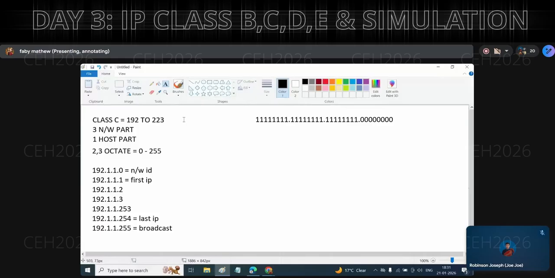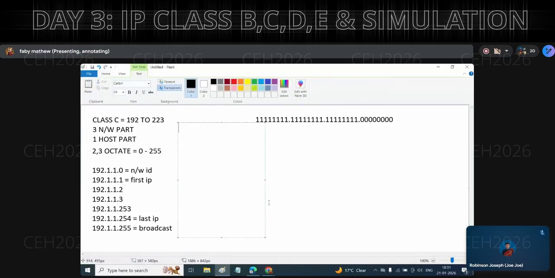Yes, sir. Now, before calculating the number of hosts, the subnet mask is 255.255.255.0. Simple. Now number of hosts: if I want to calculate the number of hosts, it is 2 to the power n, minus 2.